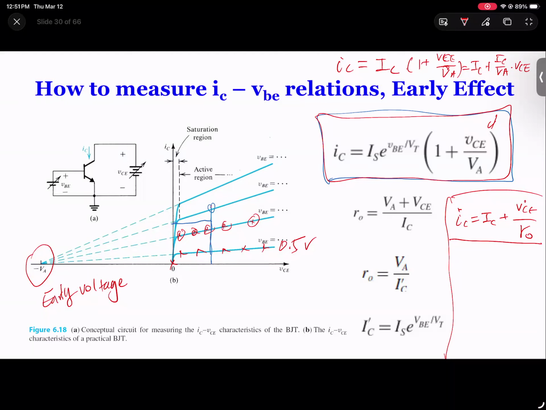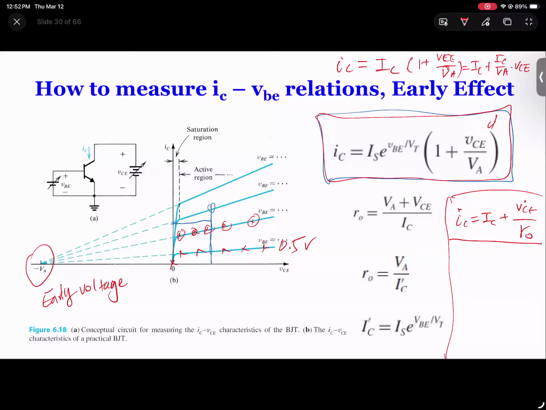So it depends on how much VCE you have. When you design your amplifier, your VCE shouldn't be very close to the saturation voltage, because otherwise the thermal temperature change might impact your operation. But you also don't want too much VCE, because that induces the additional term plus IC, and that's going to cause your circuit losses and other things, right?